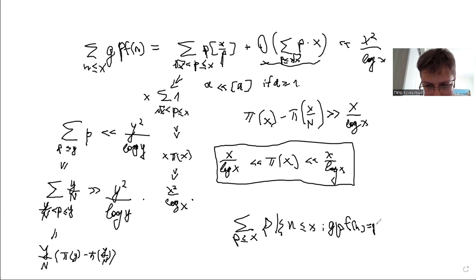Yes. And I just said that, of course, this is less or equal than x. We just replace every such set by its number of elements bounded by x. And it gives us an upper bound.